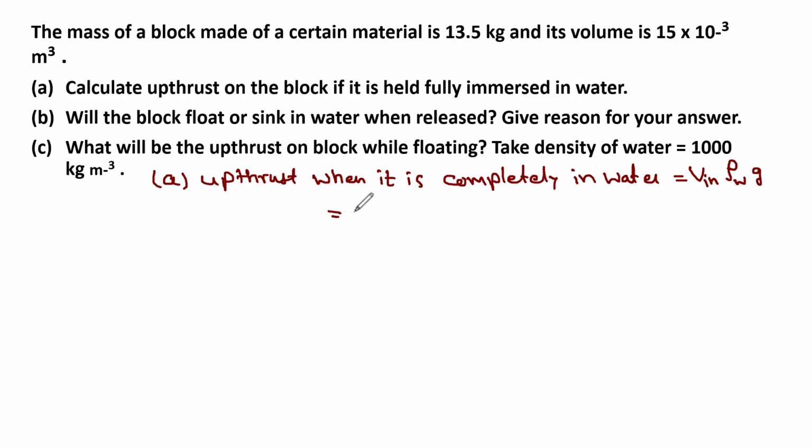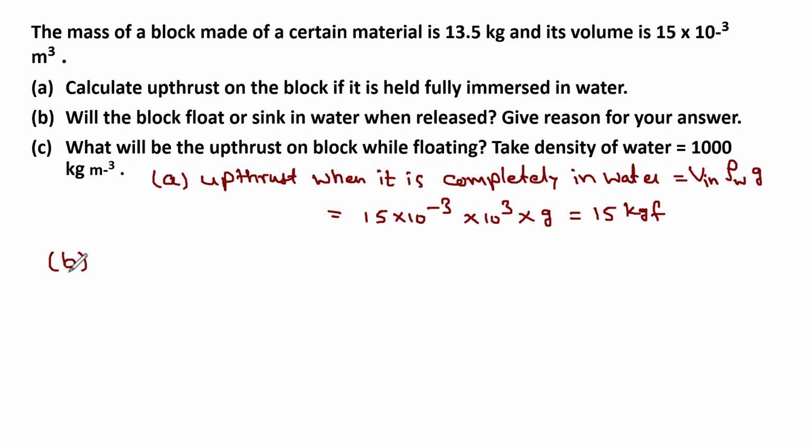So when it is completely immersed, its entire volume, that is 15 into 10 raised to minus 3 meter cube, will be in water. Then we need to take density of water, which is 1000, or we can write 10 raised to 3, into g. So in this case, upthrust acting will be 15 kilogram force. This is the answer of part A.